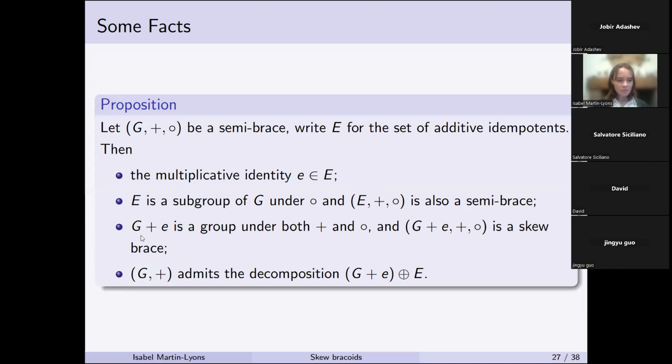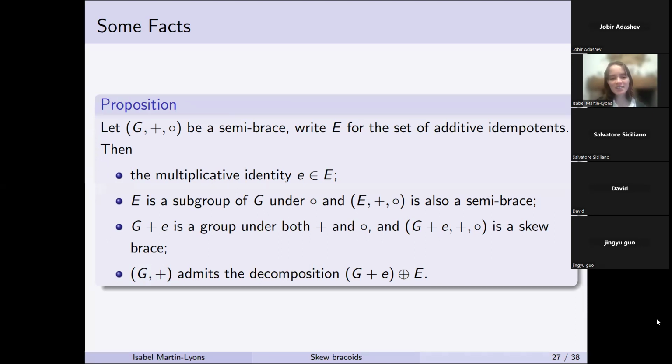And then G plus little e is a group under both plus and circle. We can call this the group part of the additive operation. And then G plus E with plus and circle is a skew brace, a real skew brace. And finally, G with plus admits a decomposition, G plus E plus E.